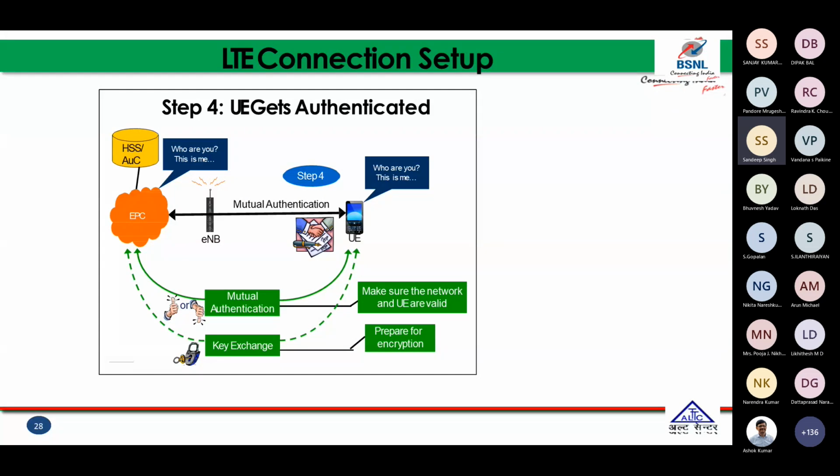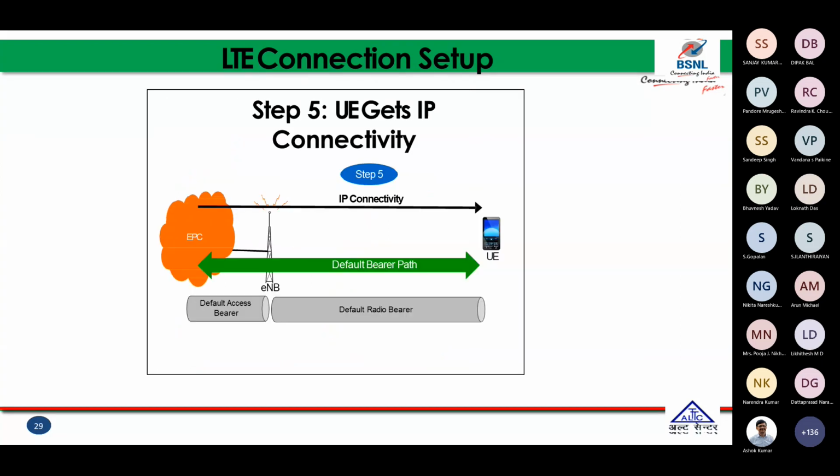This is me, from the core network side. Both mutually agree and are authenticated. After authentication, there are some key exchanges from the core network to the UE for the security mode command, integrity and cipher keys.